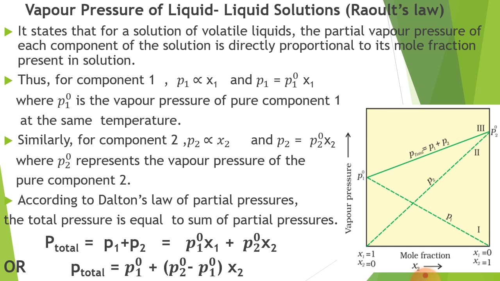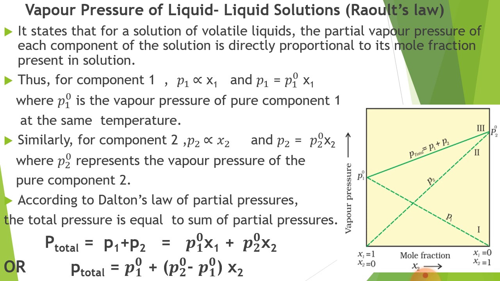So now for component 1, P1 is directly proportional to X1. As you know, the container contains two components, so the number of moles of one component depends upon the total number of moles of components.